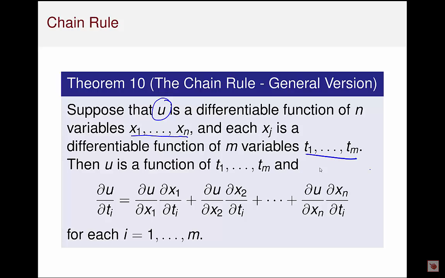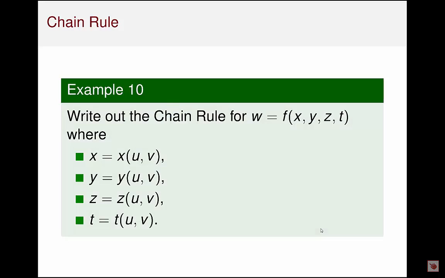Therefore, according to the chain rule, we'll have an expression for each of these partial derivatives, let's say du dti, which is given by a sum of partial derivatives that involve each of these intermediate variables. Perhaps it's easy to see one example in a general case.